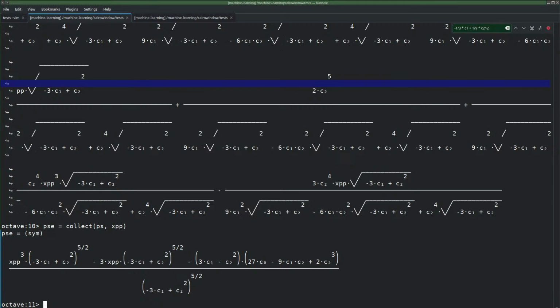Dude. Why is it not just printing XPP to the power 3 minus 3 times XPP? Minus, okay, something more complex, but not more complex than we have now.